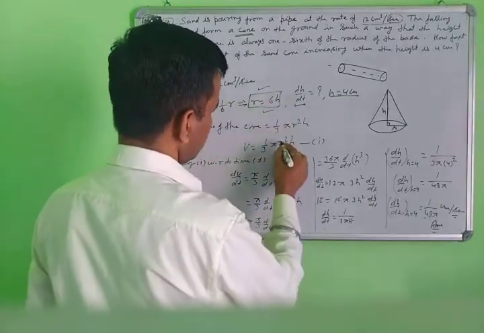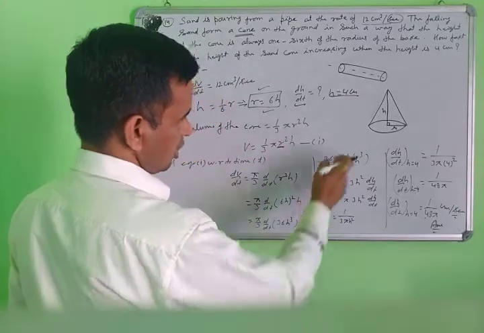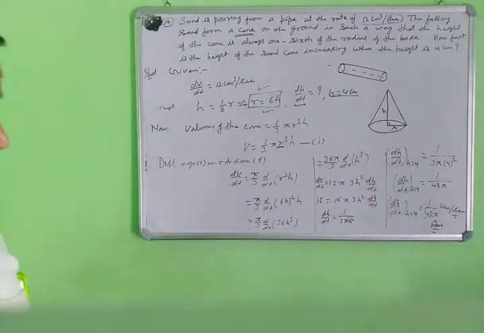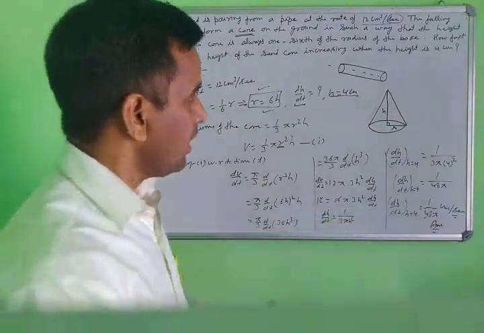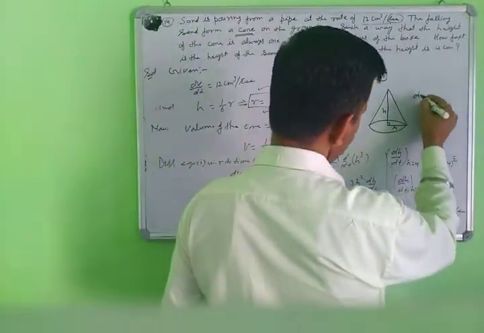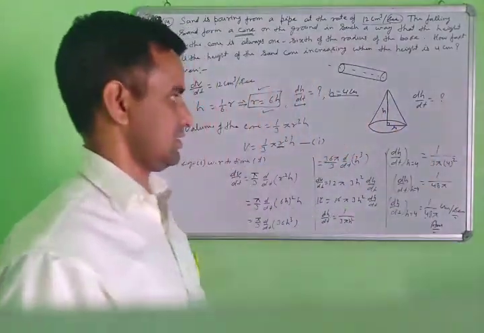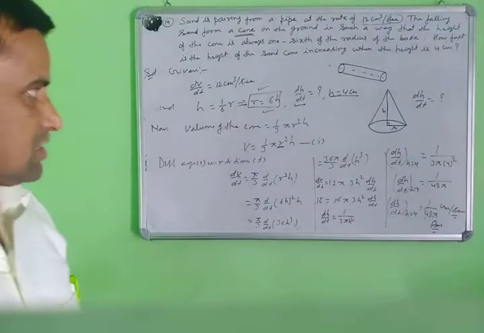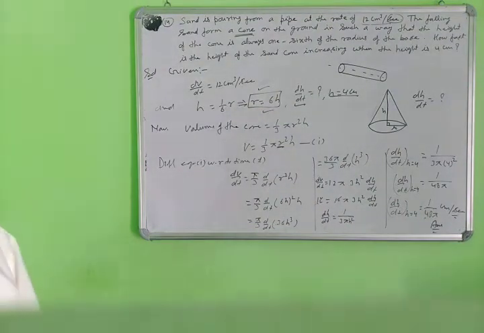Here I am converting the value of r, putting r as 6h, then solve and get the answer. Then you will find in the last dh over dt. Dh over dt means the increasing rate of the height. Clear? Just note down. This is a very important question.